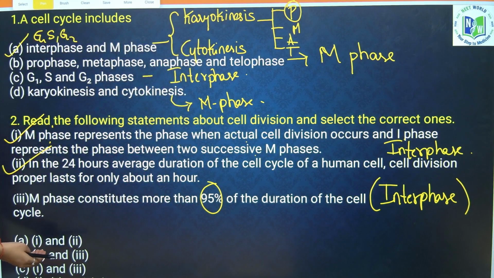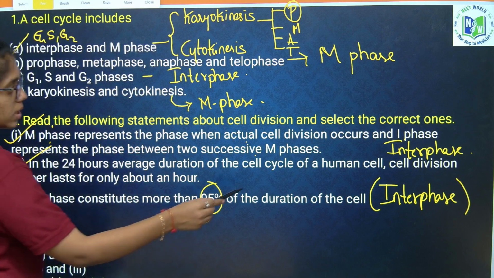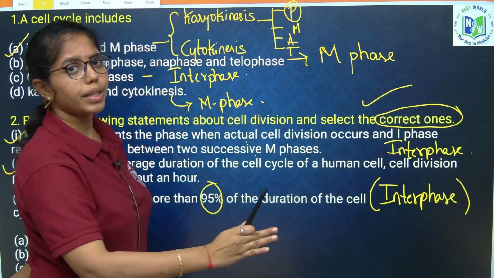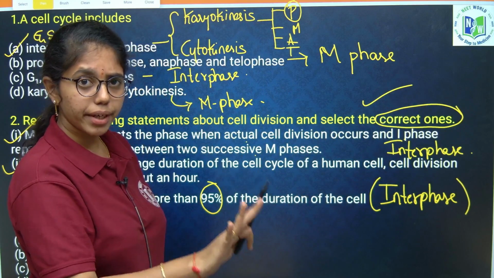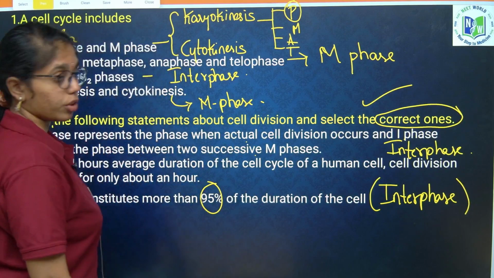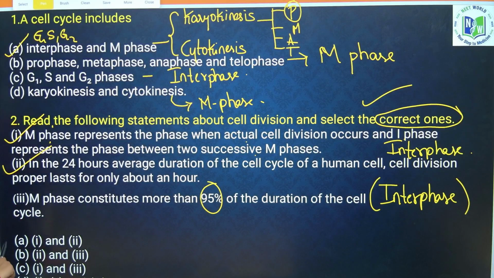Which two statements are correct? Whenever you go through a statement question, look whether it asks you to identify the correct or incorrect statement, and only then look into the options. Here the correct statements are option 1 and option 2, so it is A.